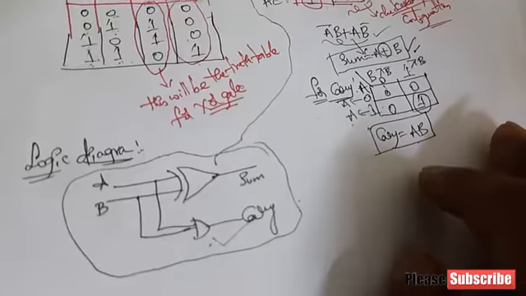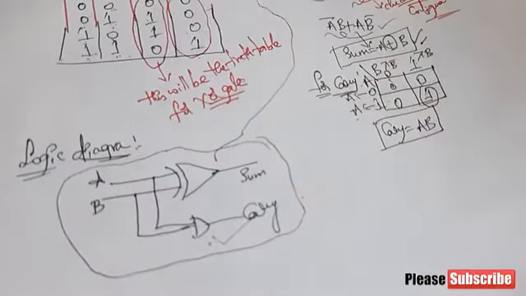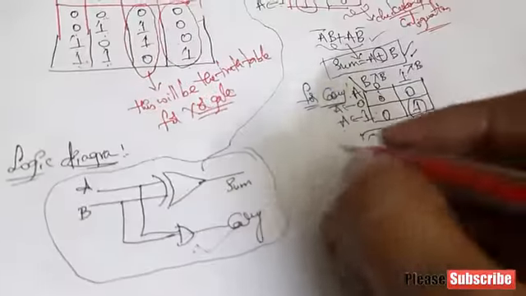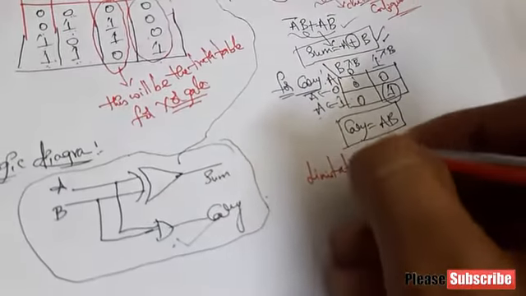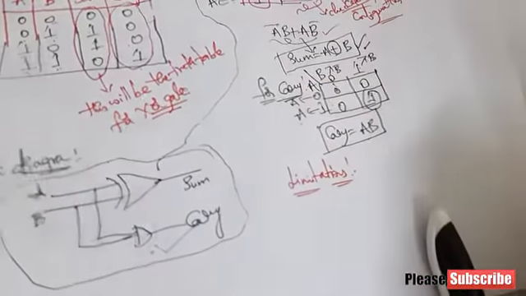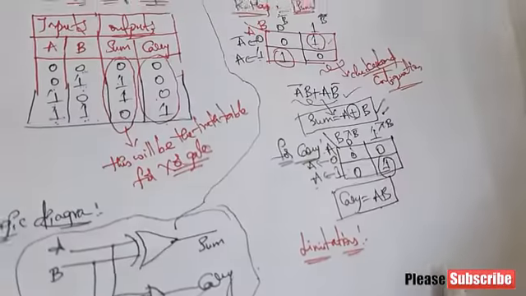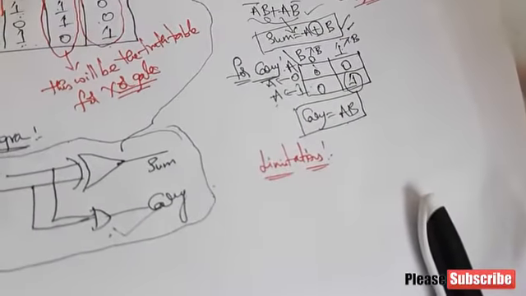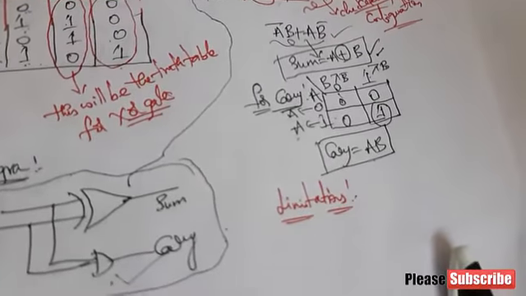Let's see some limitations of the half adder. In multi-digit addition, we have to add 2 bits along with the carry of the previous digit addition.